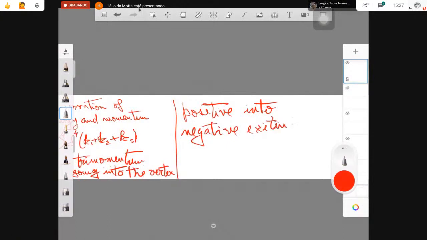It's the same thing as we did for the toy model.